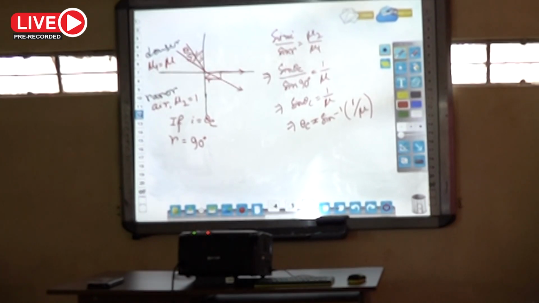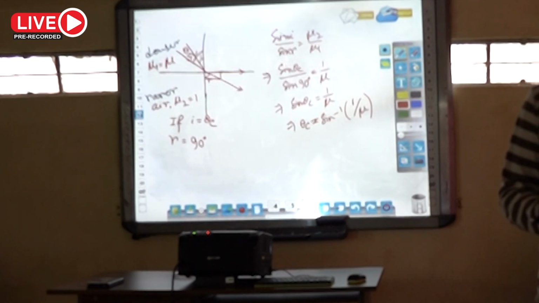Now remember, if any member of this pair of media changes, then the critical angle will change. Even if the media are the same, only the color of the light changes, meaning its wavelength will change, so mu will change, and as a result the critical angle will change. Means for a particular pair of media, light traveling from glass to air, you are taking different monochromatic light, suppose green, yellow, violet, blue, red.